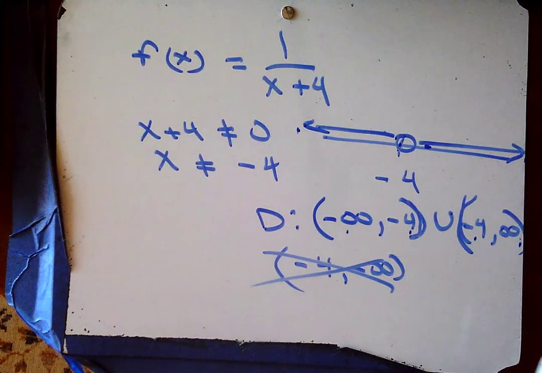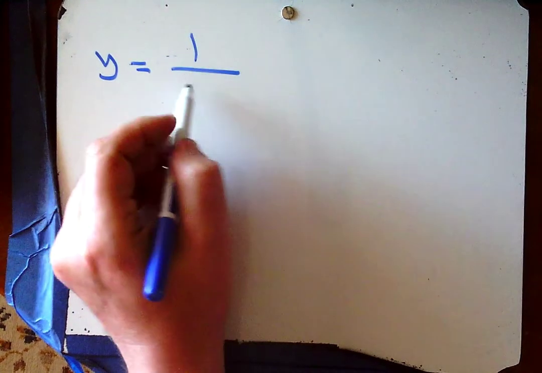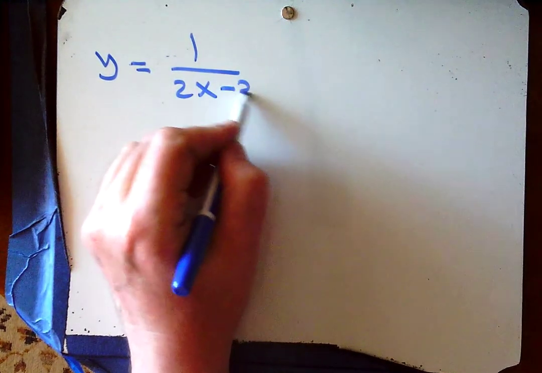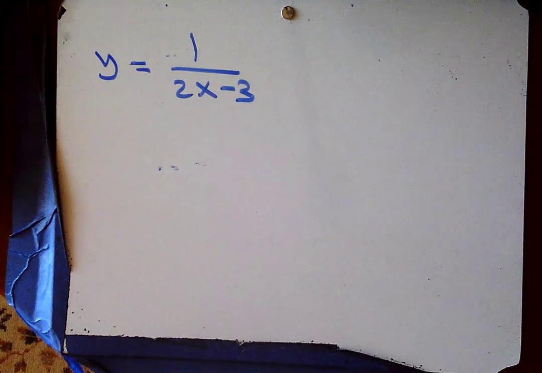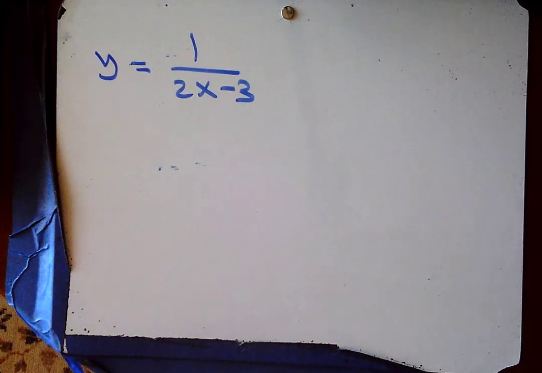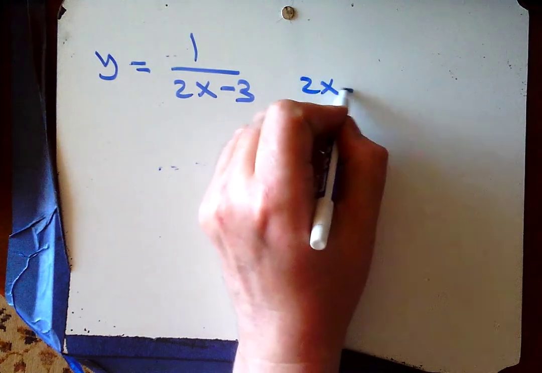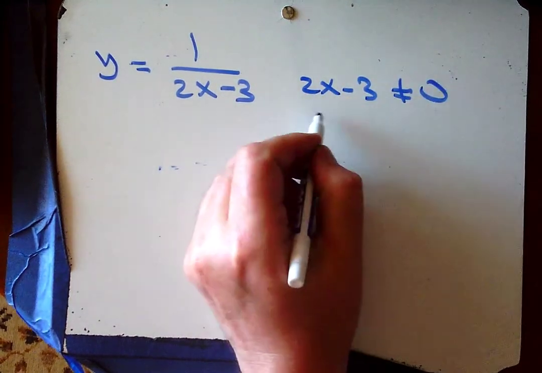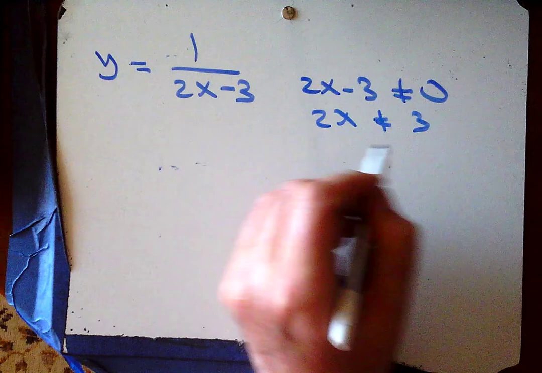Okay, so I think you can try one now. How about y equals 1 over 2x minus 3? Please find the domain for this function. Okay, what do you think? 2x minus 3 can't be 0. 2x can't be 3.